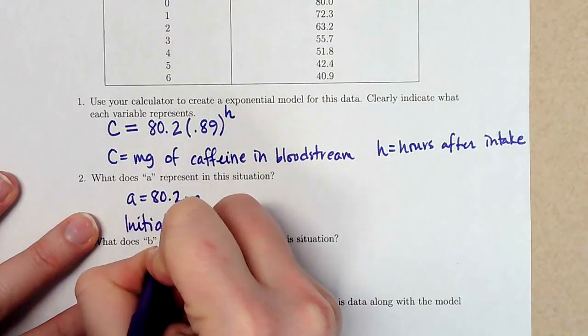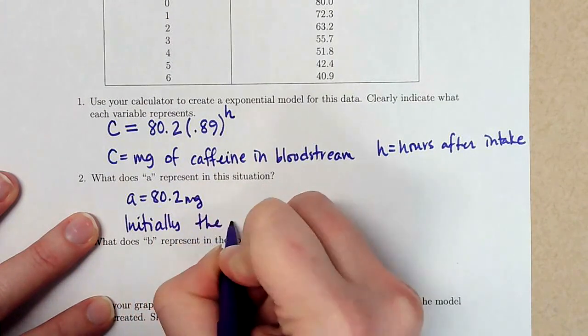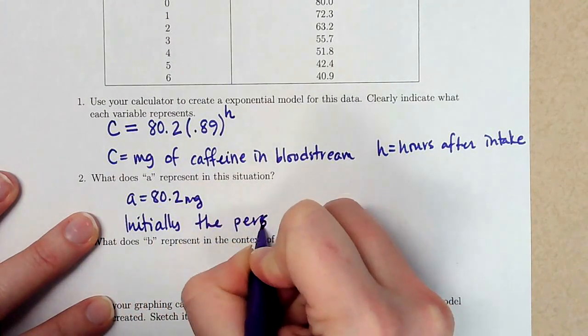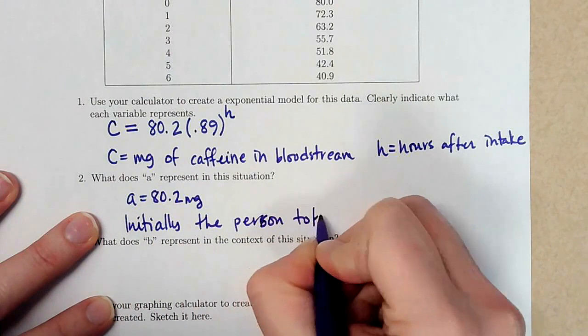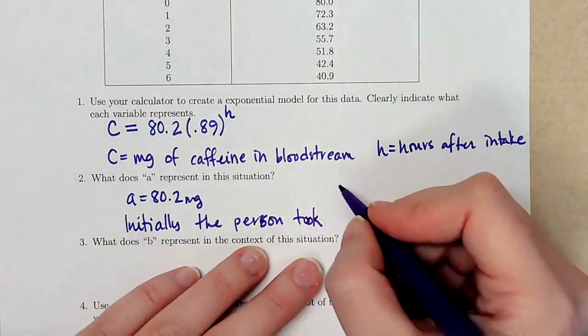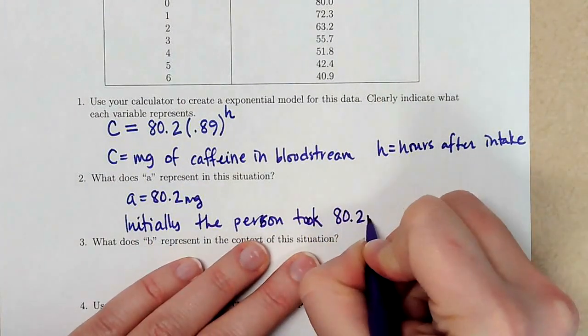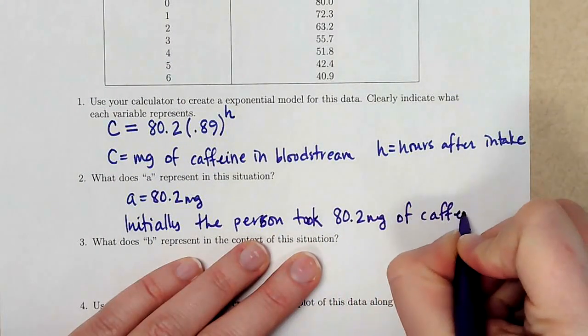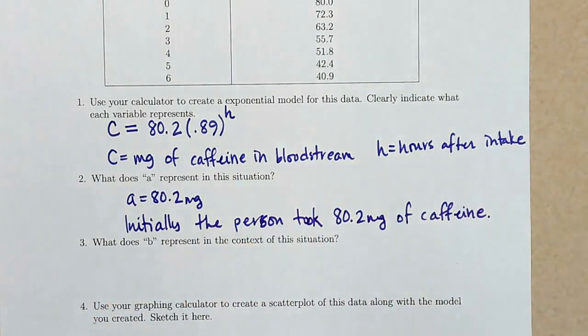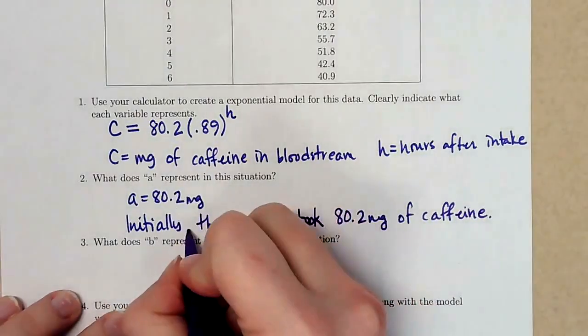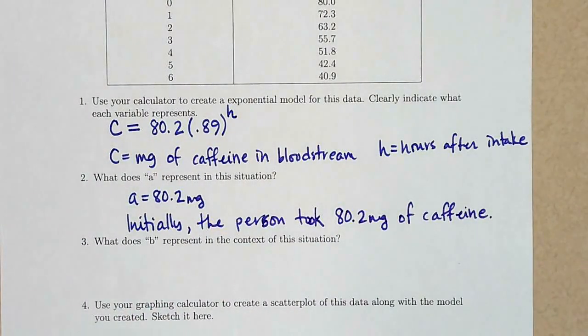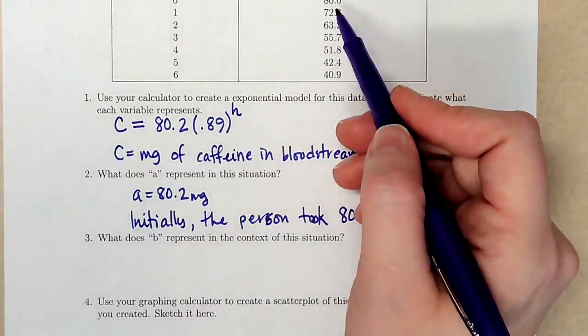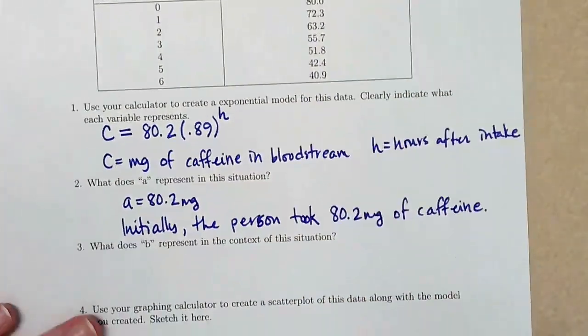Initially, the person took 80.2 milligrams of caffeine, or ingested it, like you ate it, you drank it, whatever. Initially, the person took 80.2 milligrams of caffeine. Even though it says 80, it's not perfect, it's all right.